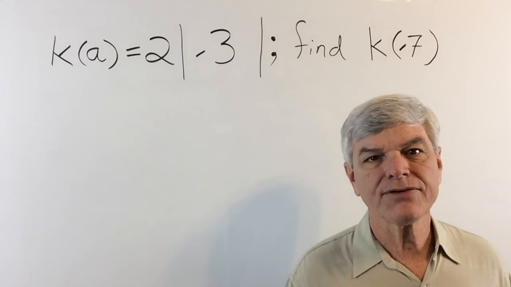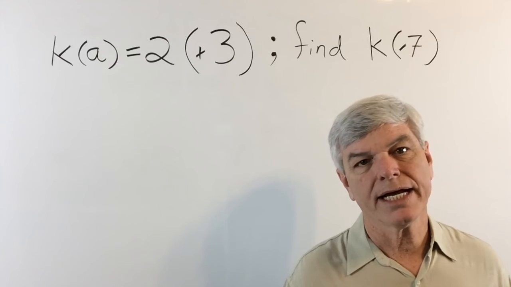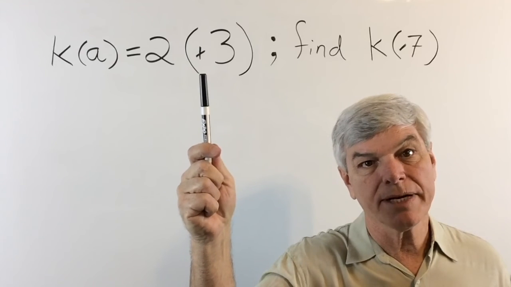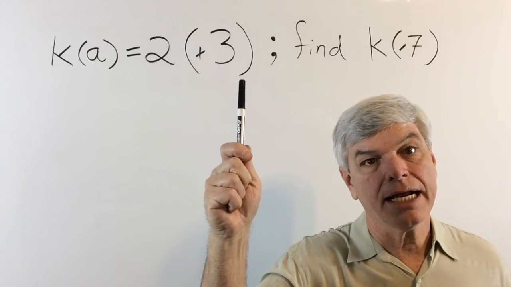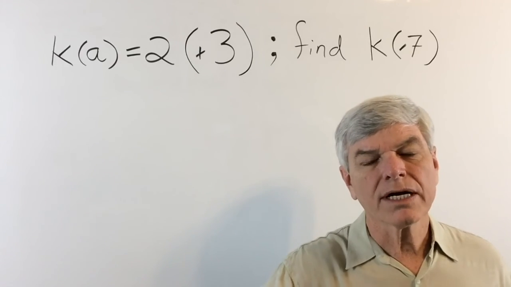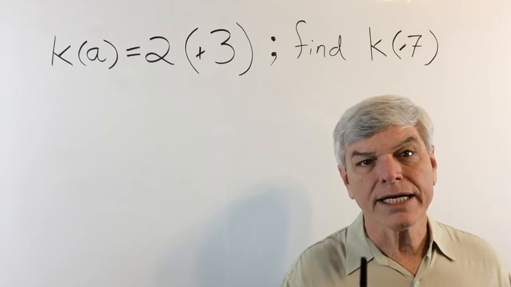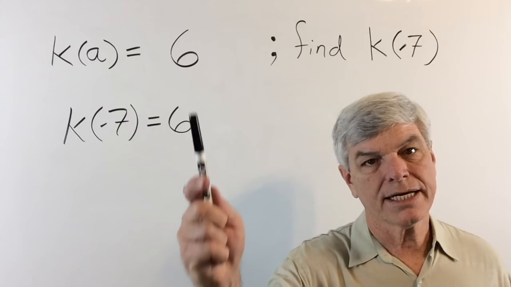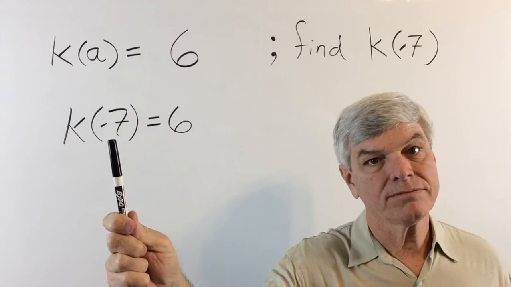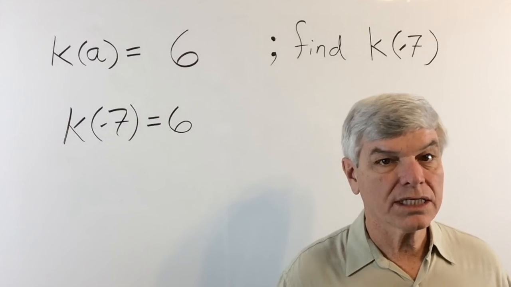And what is the absolute value of negative 3? It is positive 3. The absolute value marks are gone because we've turned it from a negative to a positive. It was 2 times the absolute value of whatever that was, so it's 2 times 3. It is 6. So when a is negative 7 in the k function, the function will equal 6.